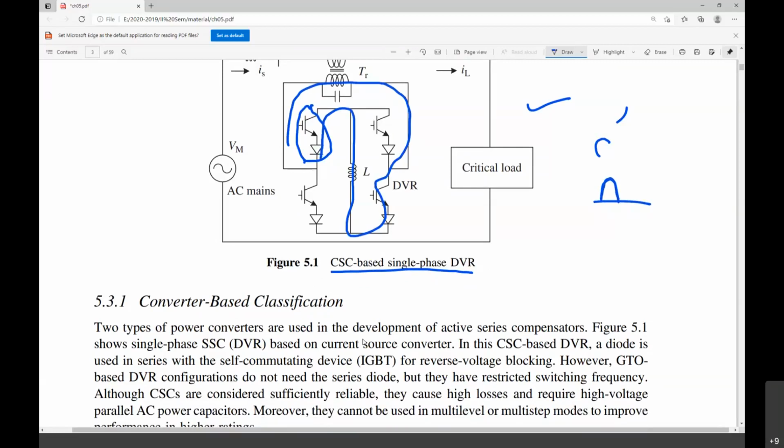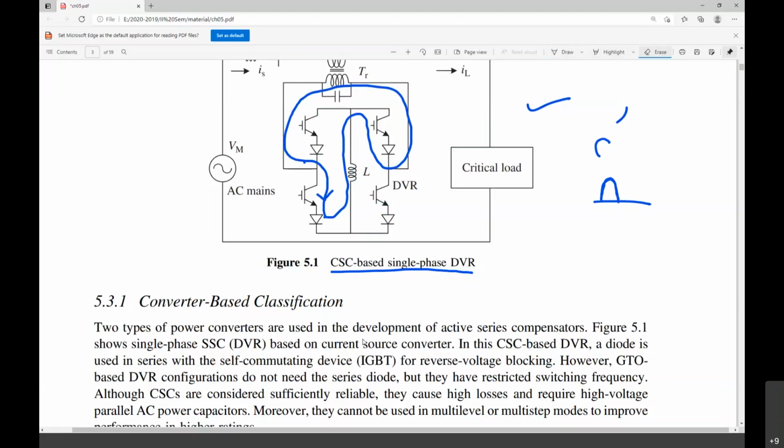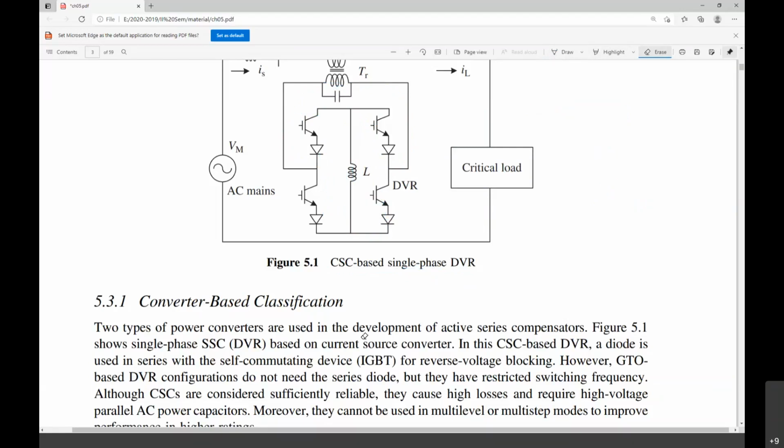And if you want the current to flow in the other direction, it is going to go this way and this way. You will be well aware of this, so I'm not going to discuss this operation. I'm just showing how the current source based single phase DVR looks like.